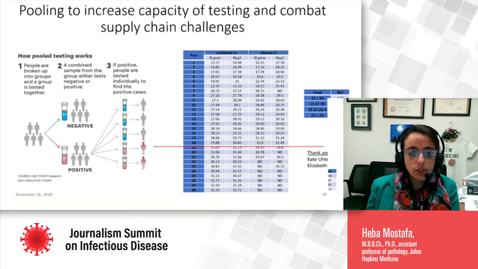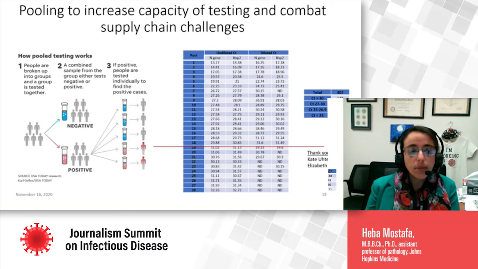Another approach that was also brought up for the testing of SARS-CoV-2 is pooling. Pooling was introduced as a concept to increase the capacity of testing and to try to combat this supply chain challenge. On the left, you can see how pooling works.